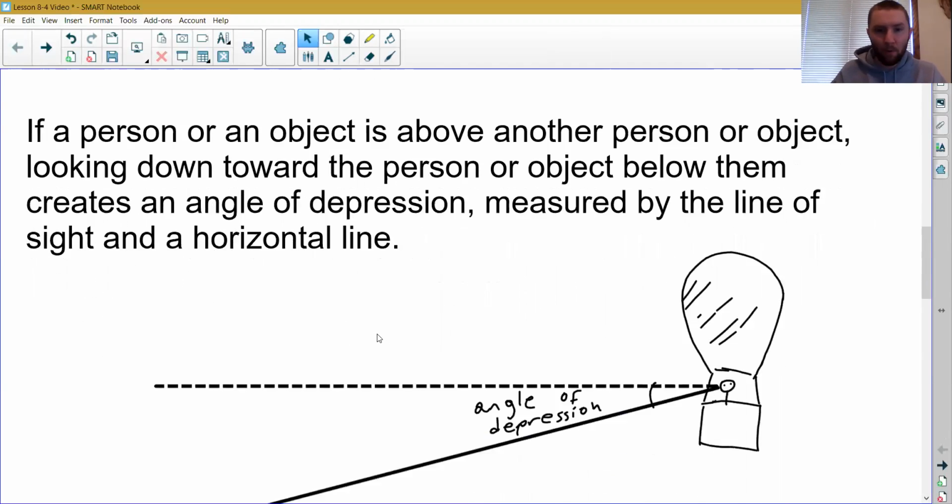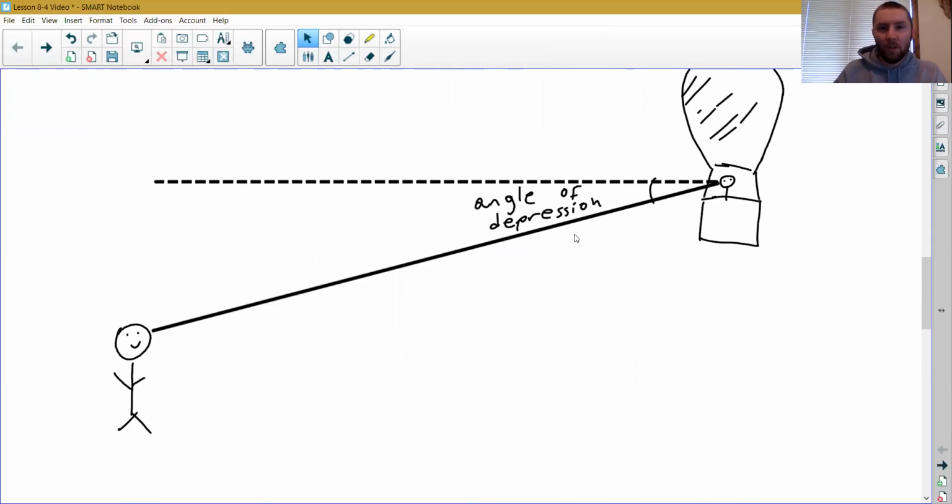For example, here is a person in a hot air balloon looking down at a person standing on the ground. They create an angle of depression with their line of eyesight that looks down at the person below them. So the angle of depression is looking down.